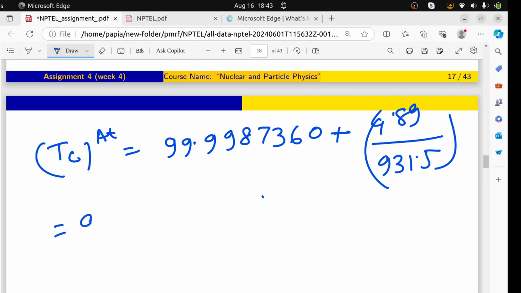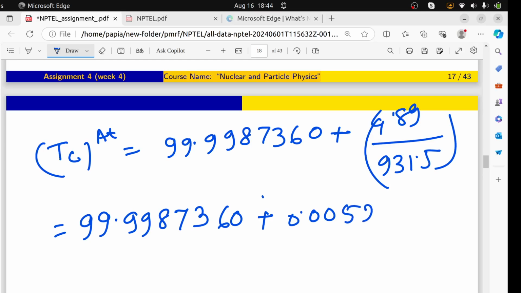I already told you why I divide by 931.5. Let me calculate here: 4.89 divided by 931.5 is 0.005249, with more decimals.